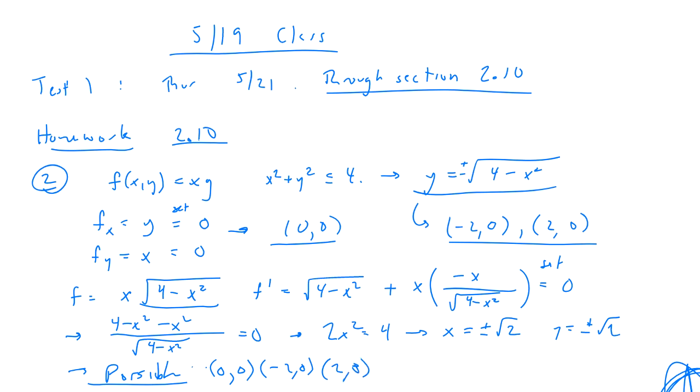So negative square root of 2, negative square root of 2; negative square root of 2, positive square root of 2; positive square root of 2, negative square root of 2; positive square root of 2, square root of 2.